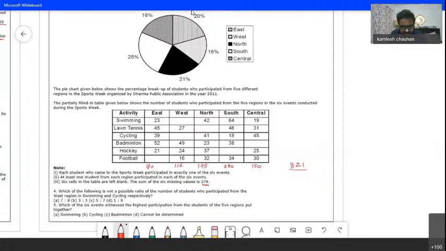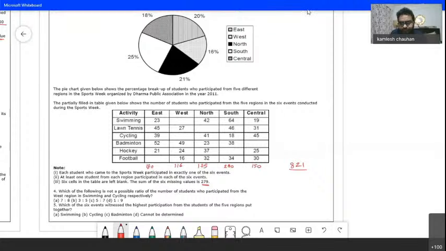Everyone, 821 or 721? Wait a second. Am I mistaken? 296, then 350, 500, and 296. No, it's 821.